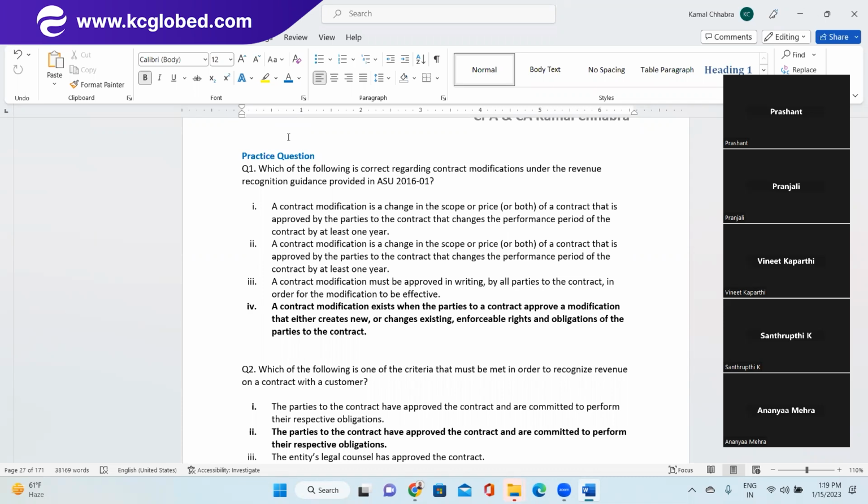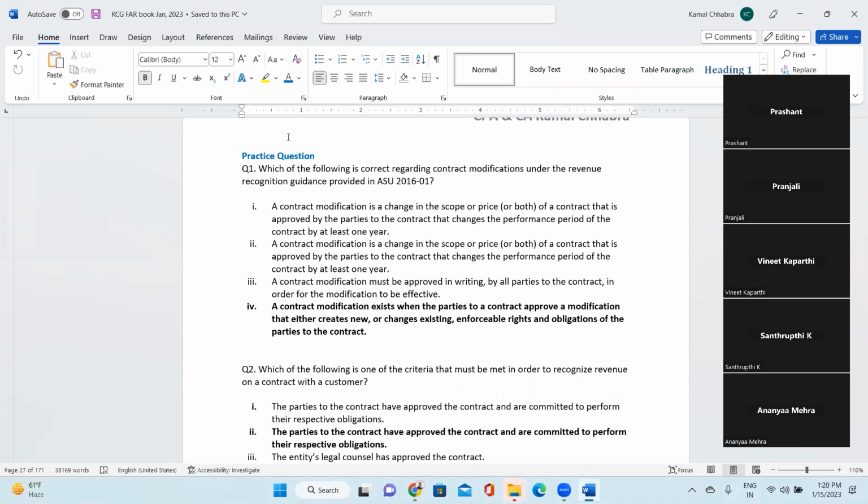And the second one is, it will get changed if the scope is changed. So we will create a new contract on the basis of the requirement. Yeah, first and second are same, I think. Option. Yes, sir. That's just to confuse you. They have two options, but they both are same.